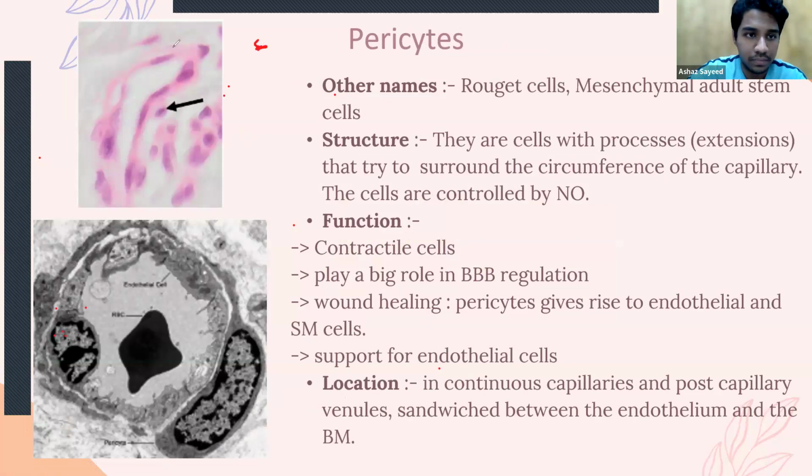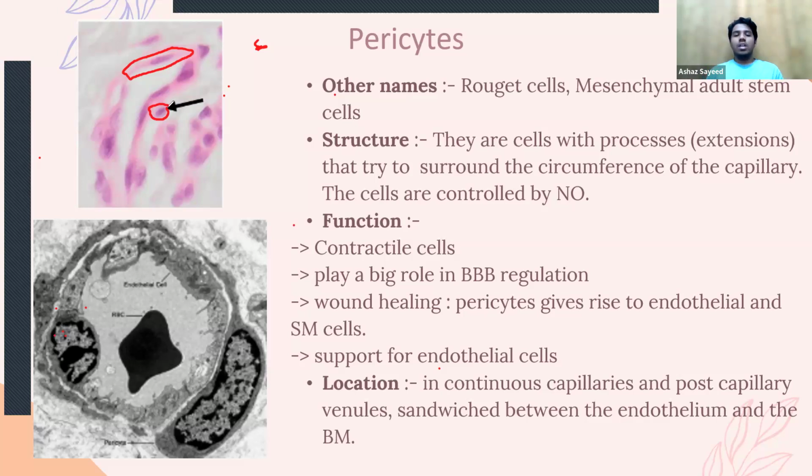See the cursor. These cells right here with the flat nucleus are your endothelial cells. Anywhere you see a flat cell is an endothelial cell. Now this cell where the arrow is pointed is a pericyte, and a pericyte is basically supporting the endothelium.